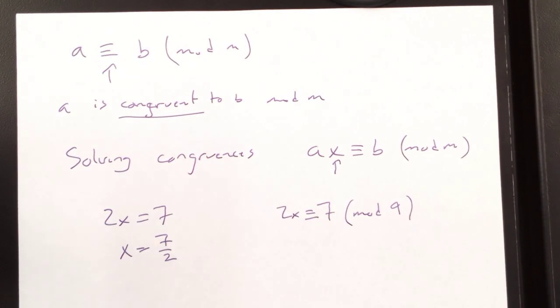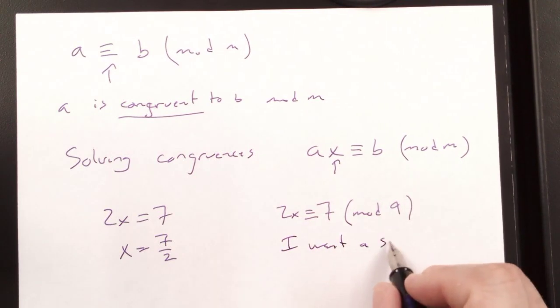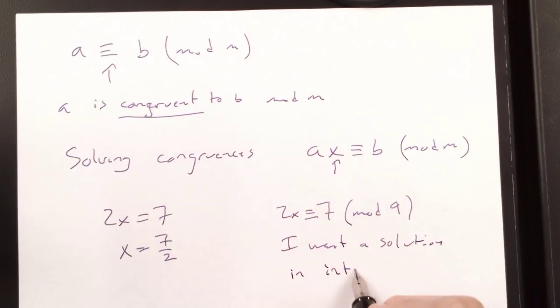Oh, crud. I can't use 7/2. That's not an integer. That's a rational number.